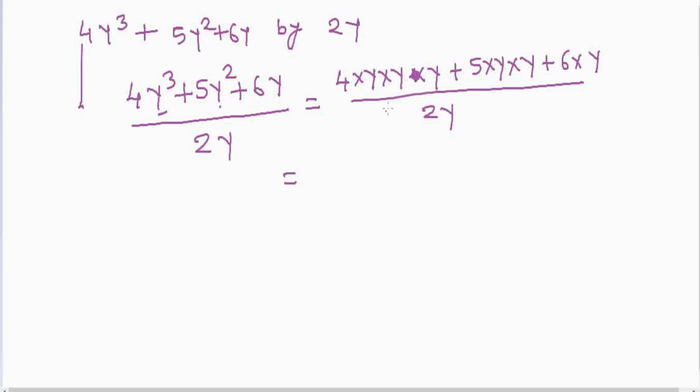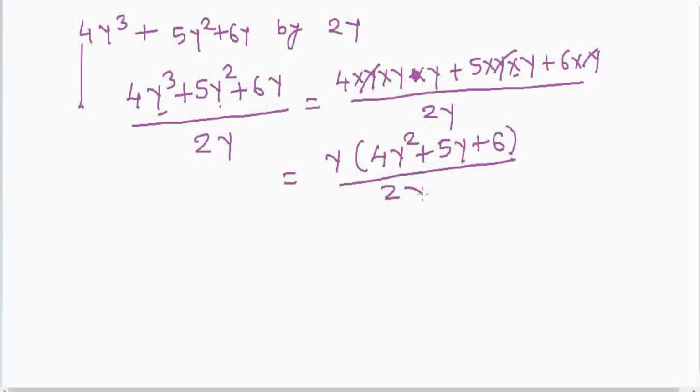Let us take one y common. If we take one y common, we have y times 4 into y square plus 5 into y plus 6, divided by this 2y.